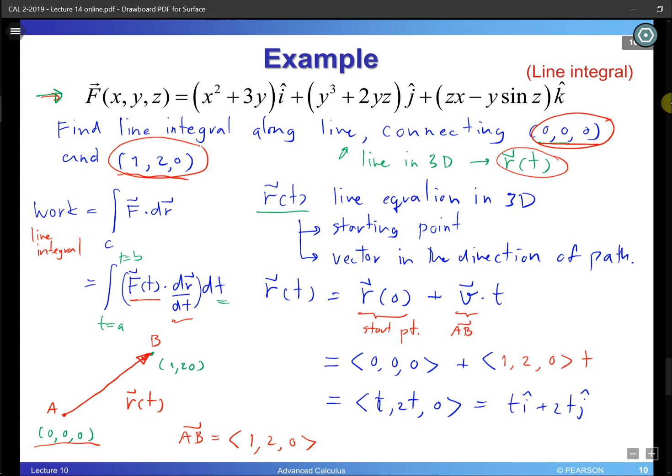So let's keep this. This is the path in 3D, and we are going to perform integration on this path. Alright.